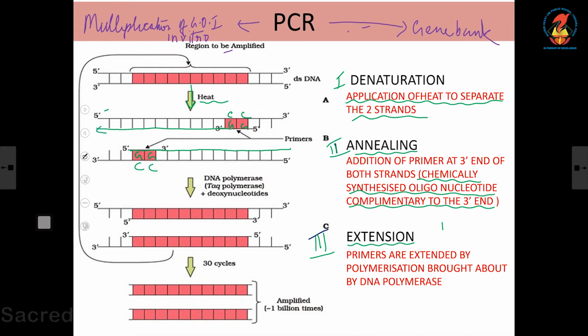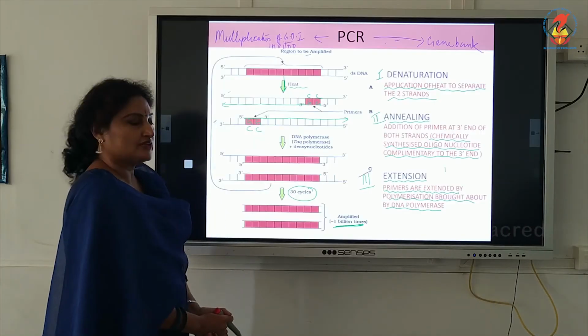Okay, the working of the DNA polymerase. Look at the arrow. So the template will be running 3' to 5'. So that is extension, primers are extended by DNA polymerase. Okay, and 30 cycles of this will produce nearly 1 billion copies of the gene of interest.